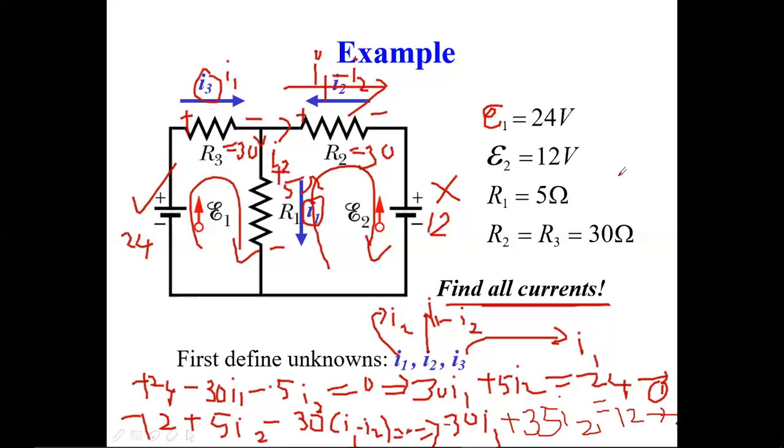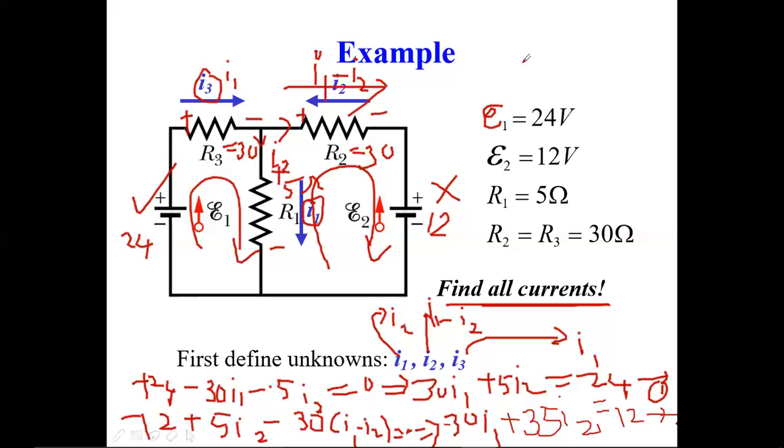If I type these equations into your calculator, you will get I1 and I2 directly: 30 and 5 equals 24, then minus 30 and 35 equals 12. Then my I1 value will be 0.65.